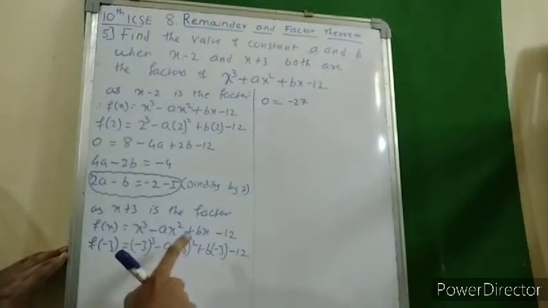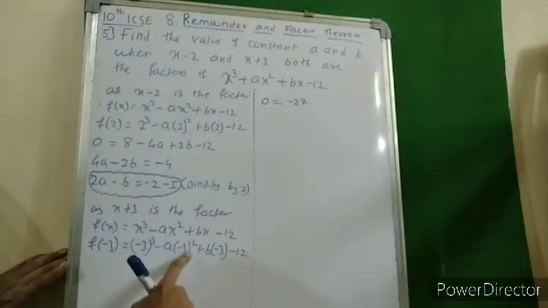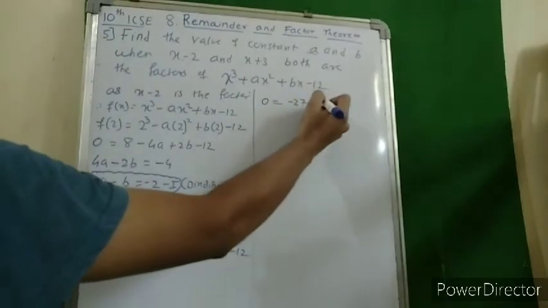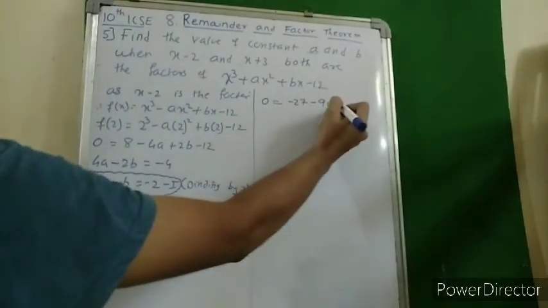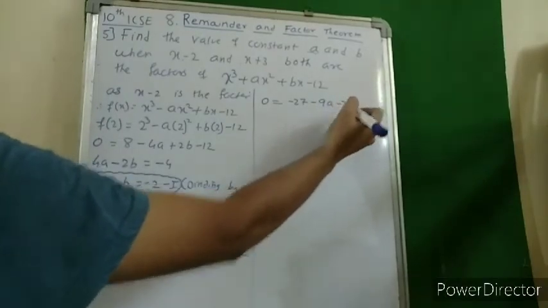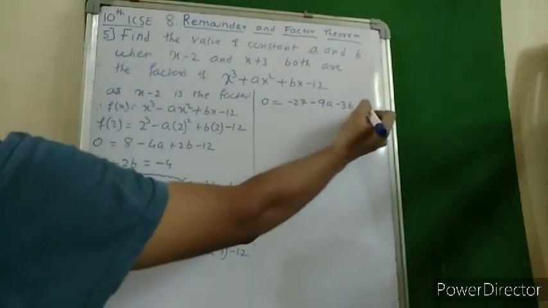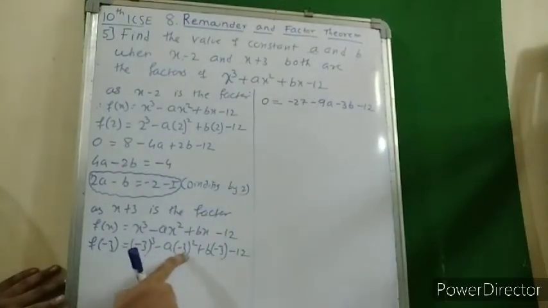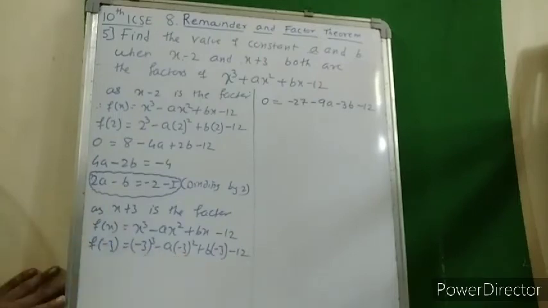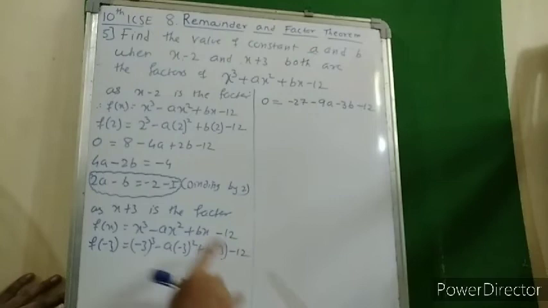Minus 3 square is 9, so it is 9a, minus 3b, minus 12.